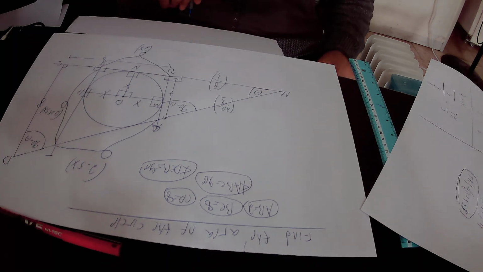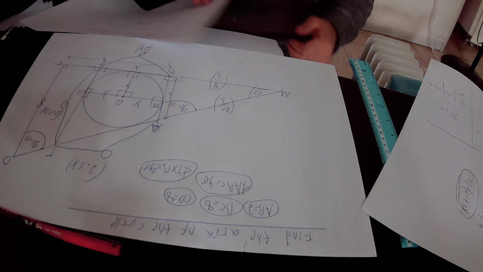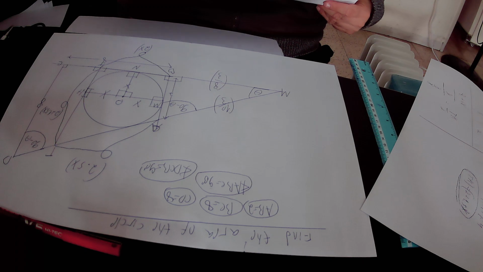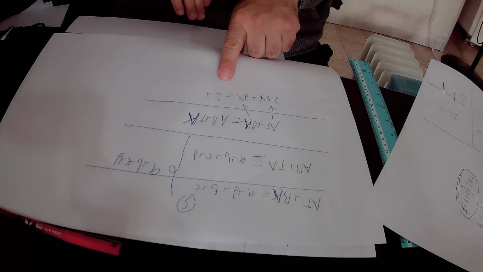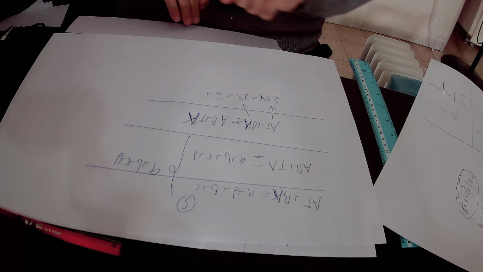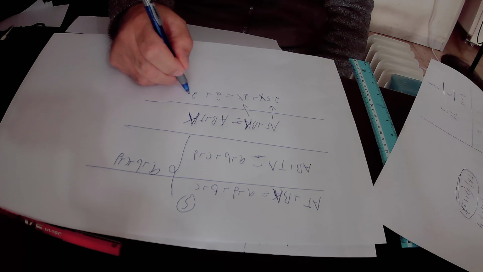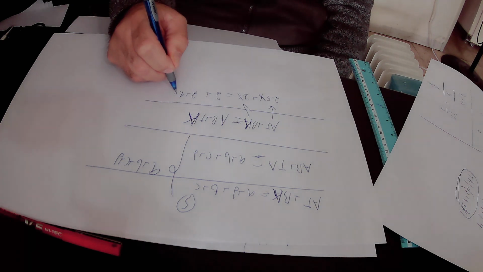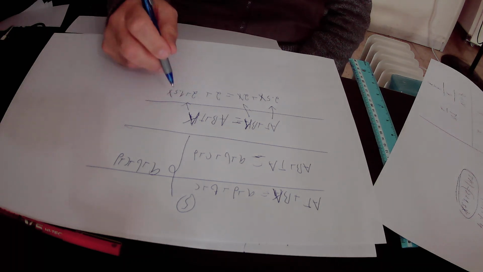So we return to our calculation that we did here. So here AB is 2, and we just found out that TK equals 2 plus 1.5x, so we substitute TK here by 2 plus 1.5x.